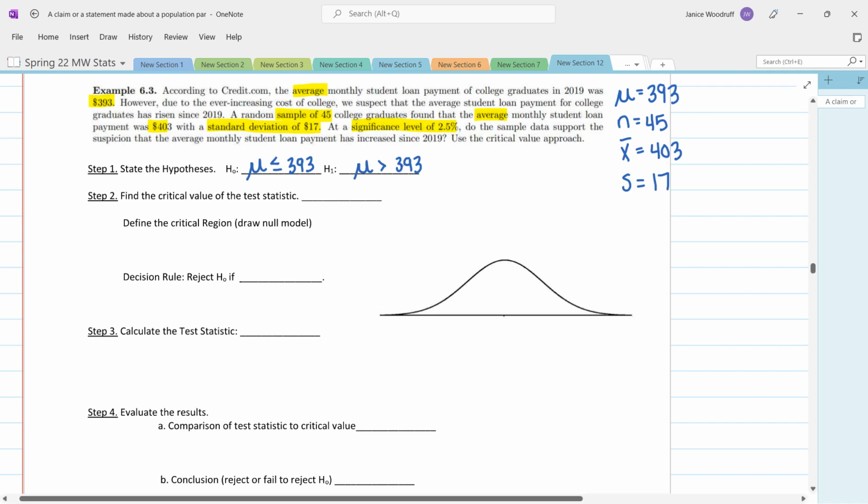It's always based off of the population mean, that very first thing given. Then you'll start with the alternative by looking at what that question is at the end. Now, it gave us a sample standard deviation, so this is t.